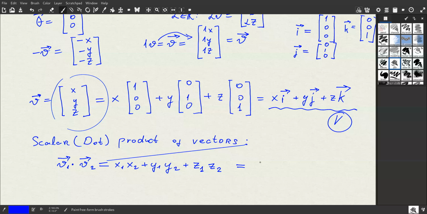But in order to see this, we need to define what the absolute values are to begin with. So yes, it is absolute value of v1, which is just a real number, times the absolute value of v2, which is a real number, times cosine of angle between vectors v1 and v2.